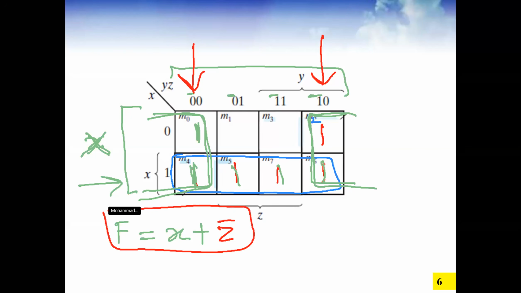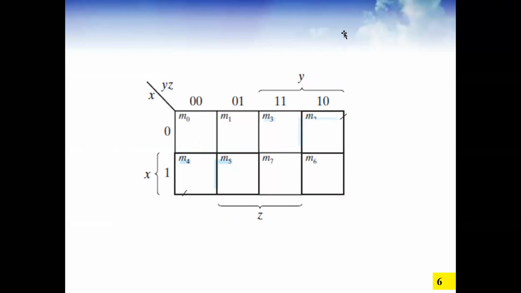One more example like that. All right, let's have some entries, random entries again. I am filling like that: 1 1 1 1 1 1 1 1. See, if all are filled with ones, all minterms are present in the function.